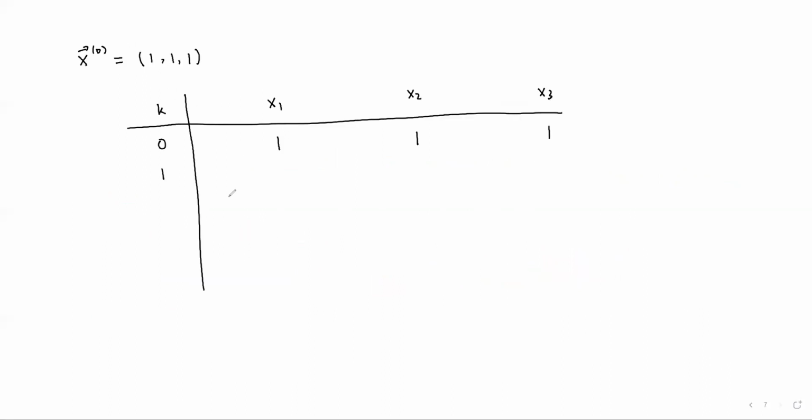After the first iteration, we get 2.18932. x2 is 1.59847. 1.39390.